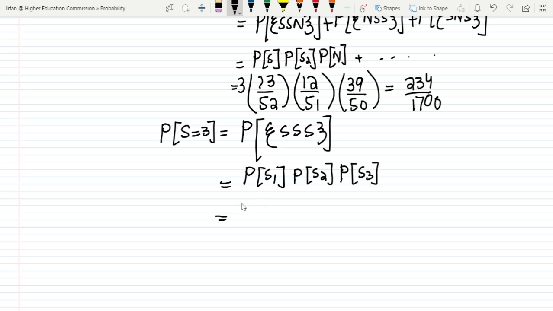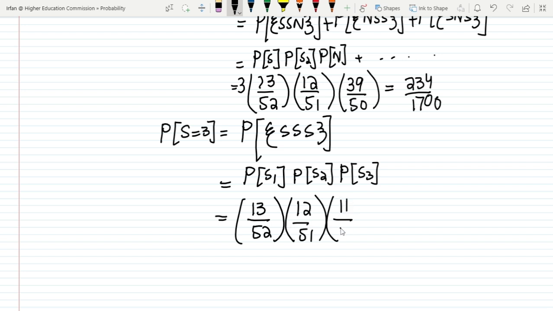When one spade is selected out of the 13, the probability is 13 divided by 52, multiplied by the probability of spade 2 when 1 is selected, which is 12 divided by 51, and the third spade is out of the same spades, so it will be 11 by 50. So what will be the answer? The answer will be 22 divided by 1700. So this is for spade equal to 3.